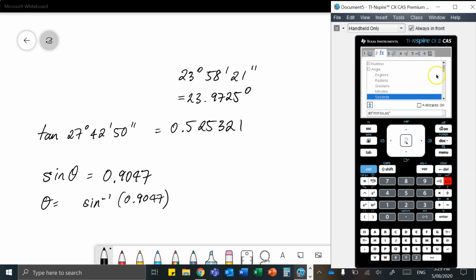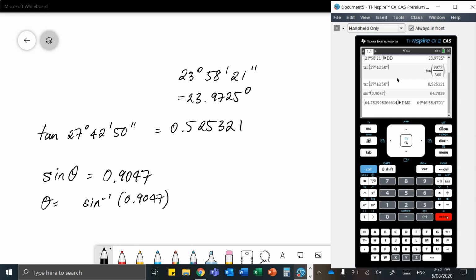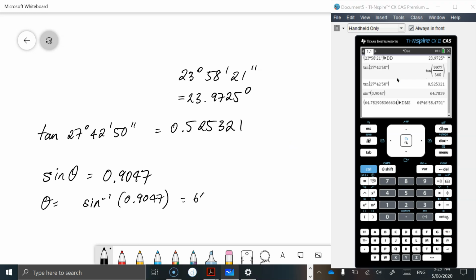Now, as a shortcut, we can convert that to DMS through the calculator, and we hit enter and we get 64 degrees, 46 minutes, and to the nearest second is 58, because we've got 0.47. Okay, that's still less than half.